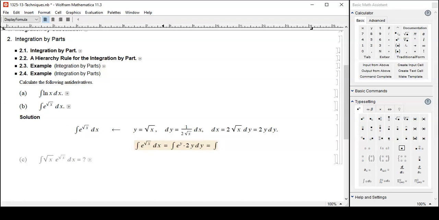So the integral of 2y and e to the y power dy. Yes, we ended up with a typical integration by parts problem. We have a polynomial function times exponential.